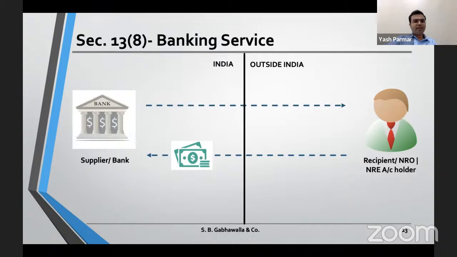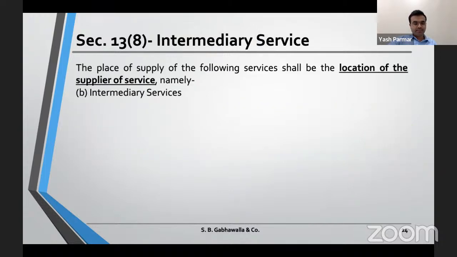Despite the fact that the bank is giving service to an account holder who is located outside India, because of this provision, the place of supply is defined to be the location of the bank, and therefore GST will be payable in India.